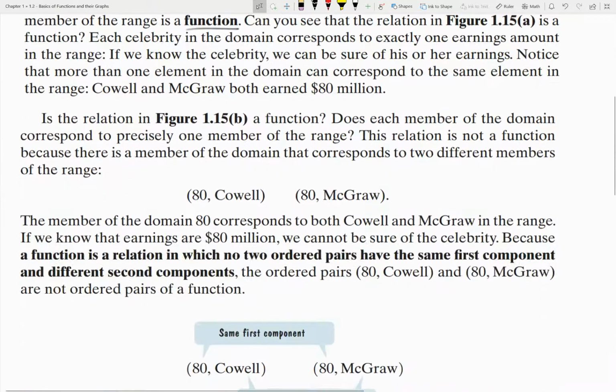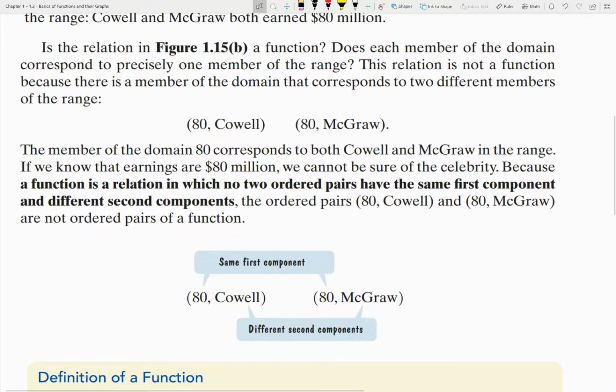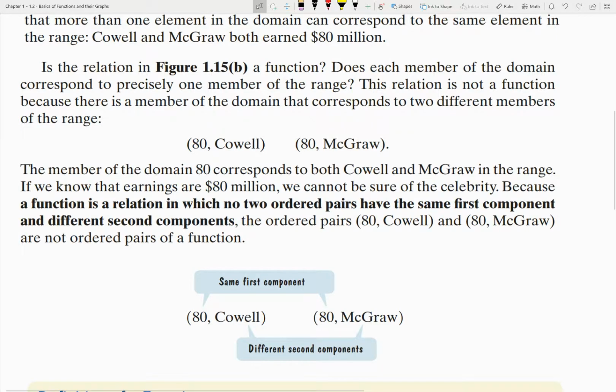So that's what this says right here, that the second one is not a function because of these two data points where the x value repeats. A function is a relation in which no two ordered pairs have the same first component. Unlike 80 Cowell, 80 McGraw.